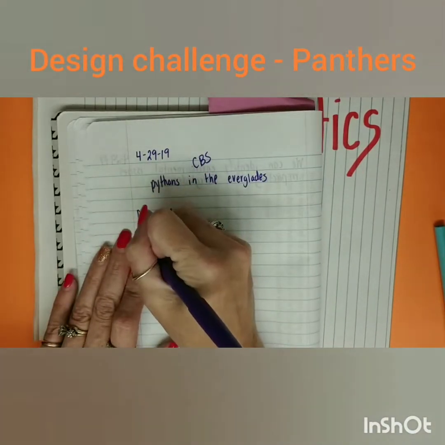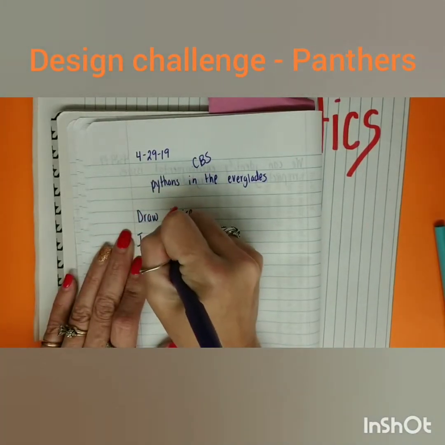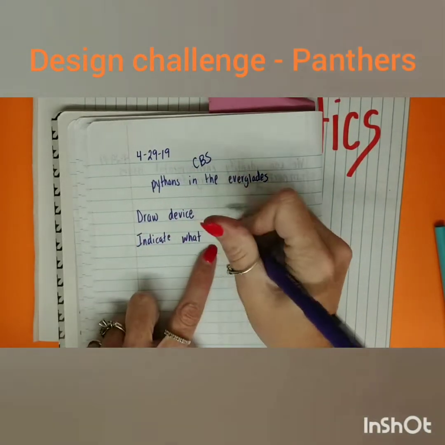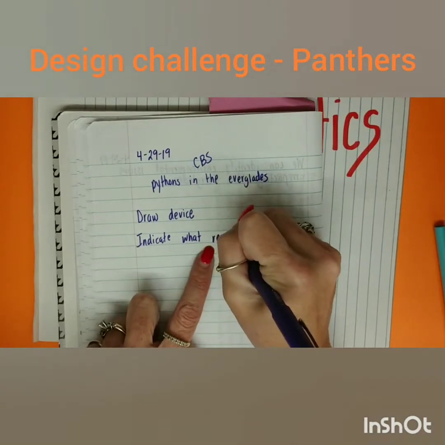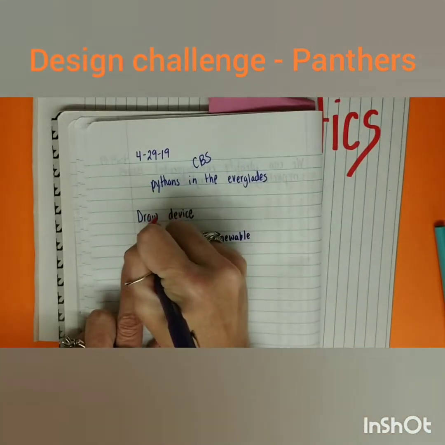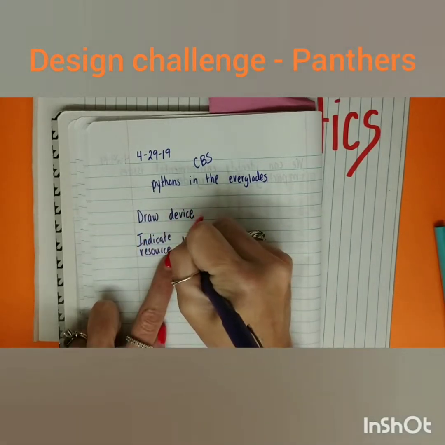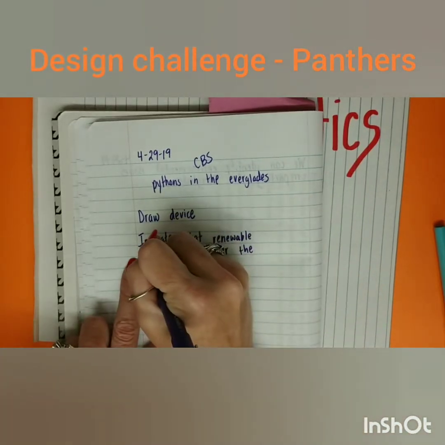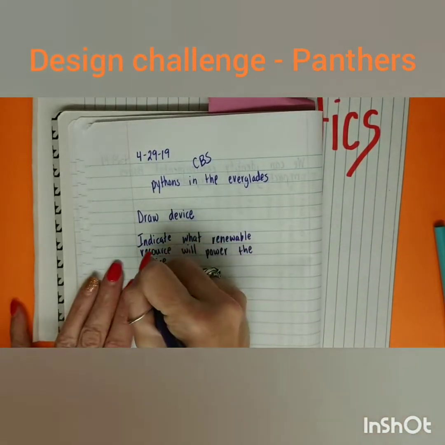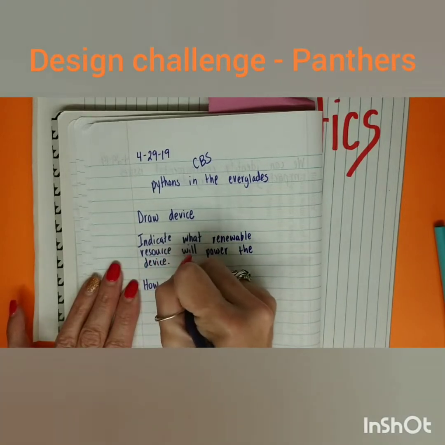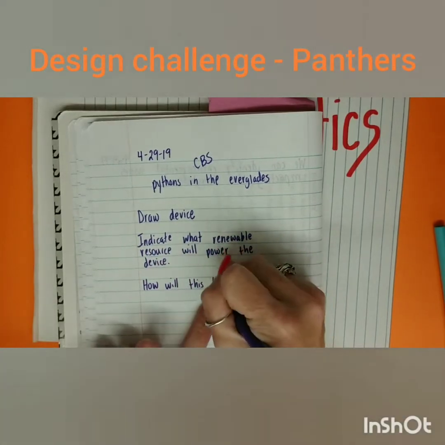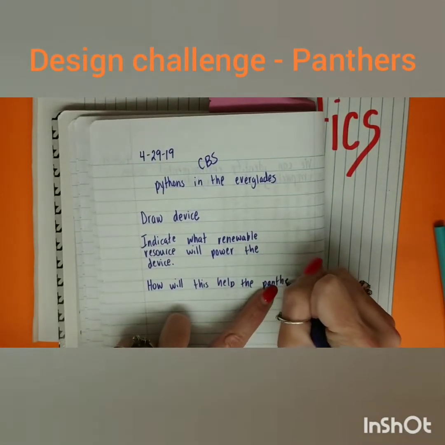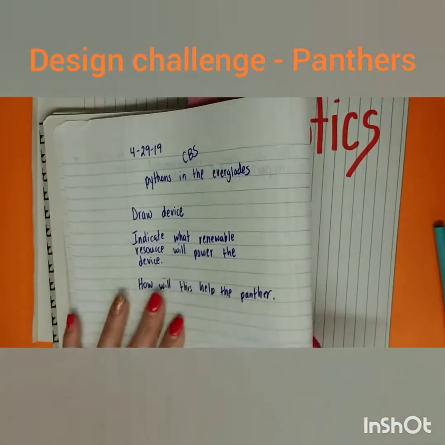They have to indicate, and this is just on this paper, what renewable resource will power the device, and how it will help the panther. How will this help the panther? So that is answered on this paper.